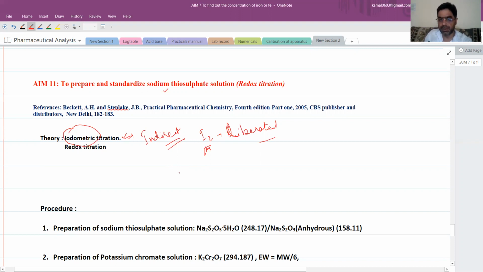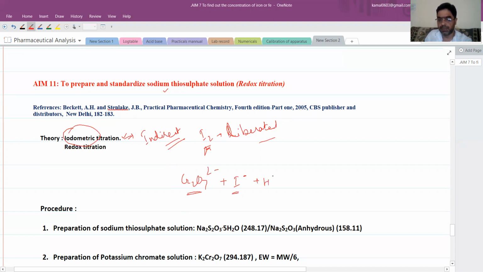So we will take the potassium dichromate as a primary standard here. Potassium dichromate can be written as Cr2O7 2-. When it reacts with KI, that is iodide, this potassium dichromate is acting as an oxidizing agent, and this iodide is acting as a reducing agent.